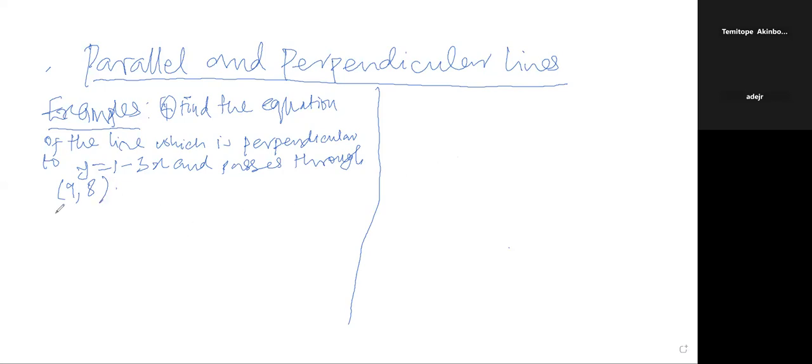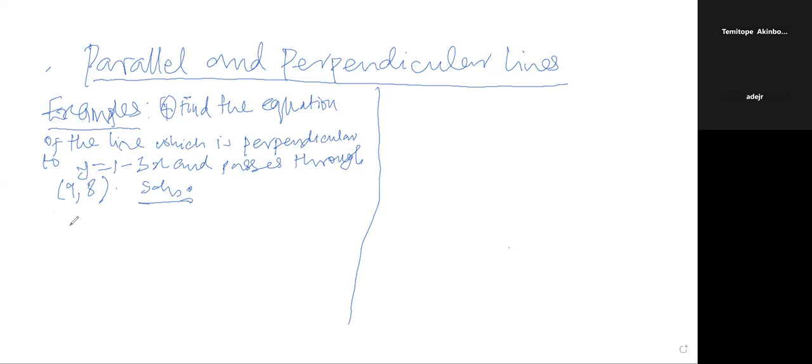So let me just start the solution straight away. Then now write everything together. Now find the equation of the line which is perpendicular to this line, and that line passes through this point.